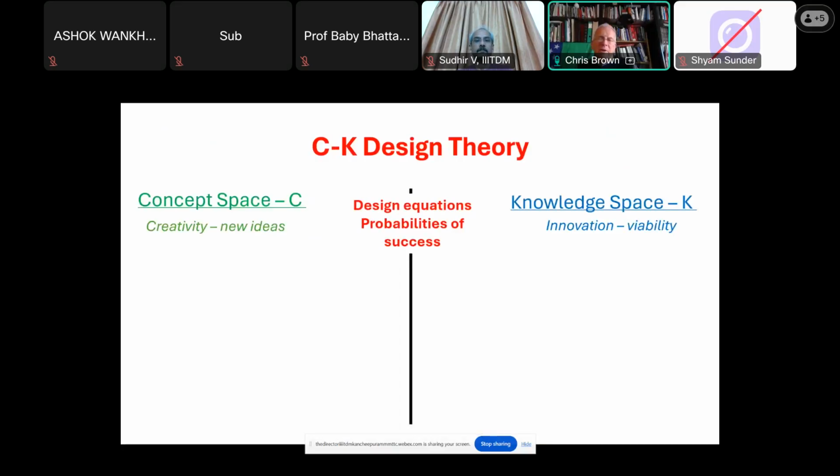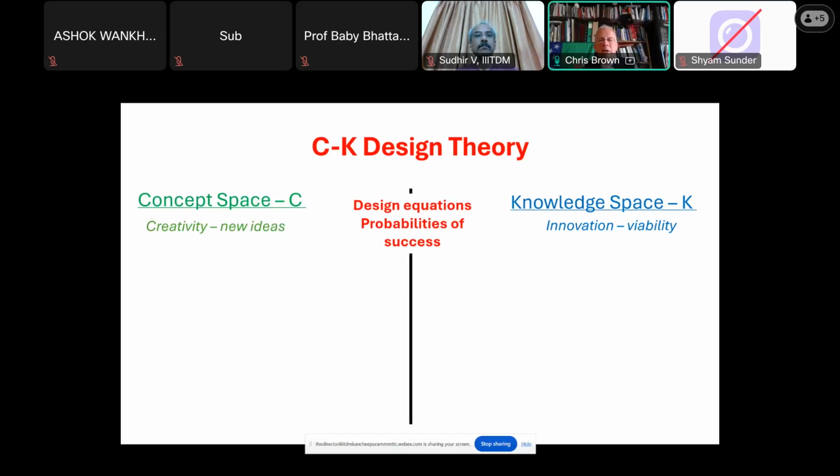So CK theory comes out of the École des Mines in Paris, and I think it's very valuable to apply it as we're looking at solutions because we can have some nice concepts. This would be great. Do we have the knowledge to actually implement these new concepts? So when I'm teaching this, I like to say, all right, you could have a good idea. Don't give up on it.